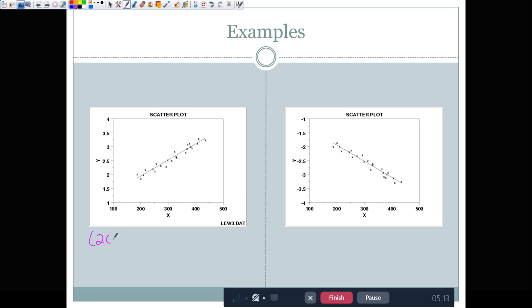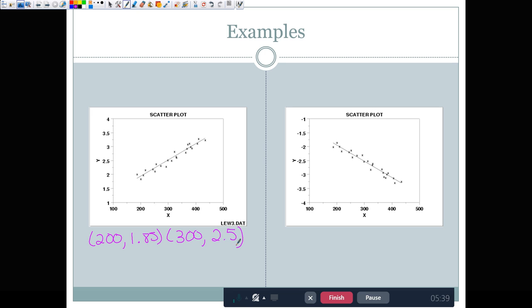So 200, and that's going to be 1.85. If you chose a different point, or drew your line a little higher or lower, yours might be slightly different. Okay, and then let's do 300. At 300, my line is approximately 2.5.